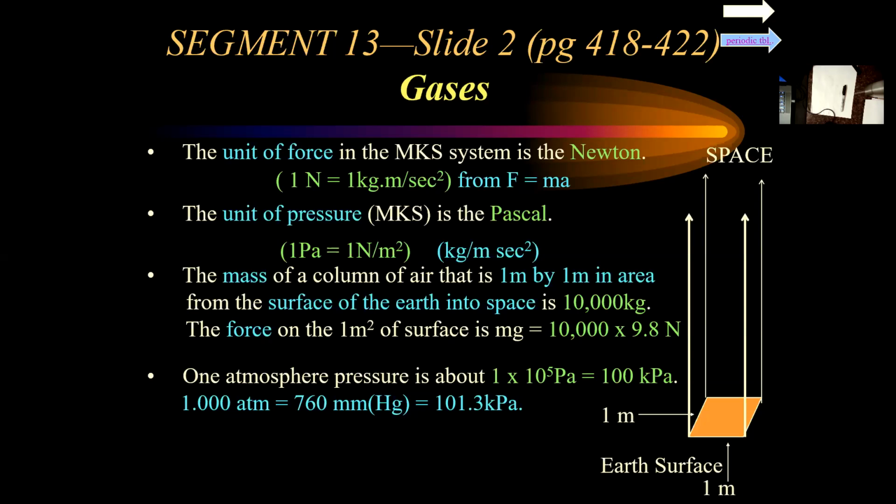Its SI equivalent is 101.3 kilopascals. 760 millimeters of mercury is also a unit called a torr. It's named for Torricelli, the guy who invented the barometer. So these are some numbers that will come in handy.